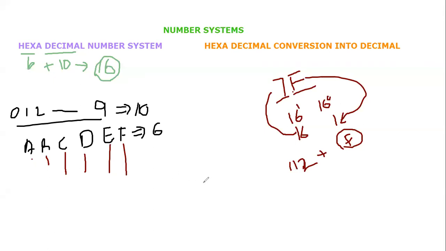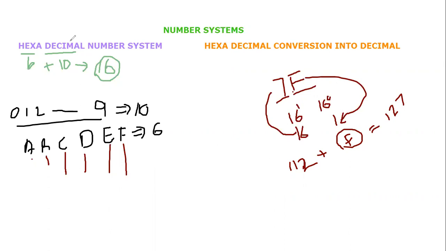So the count of F is 15. So 112 plus 15 is equal to 127, right?